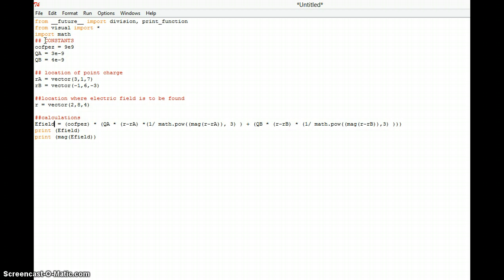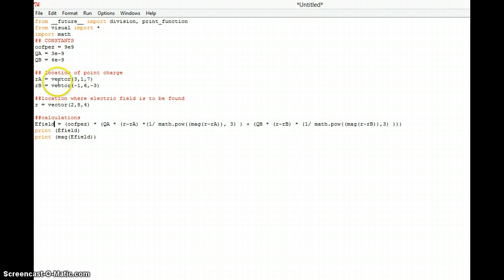So the first step I'm going to do is declare my constants. This code right here, OOFPEG, stands for 1 over 4 pi epsilon 0 equals 9 times 10 to the 9. QA is, I'm supposing an arbitrary charge, 3 times 10 to the minus 9 coulombs, QB 4 times 10 to the minus 9 coulombs.